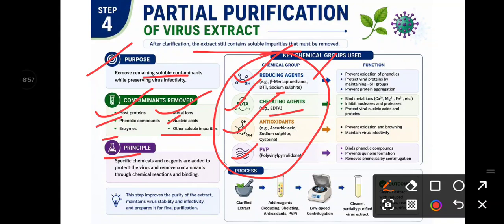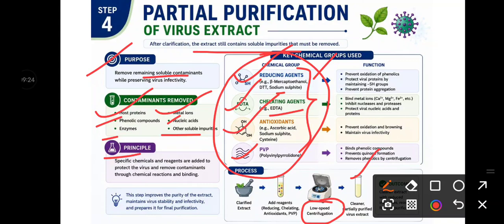Here also, same as the clarification process, after adding these types of reagents, it is subjected to low speed centrifugation. So in both the clarification as well as partial purification process, after adding the reagent, the extract will be subjected to low speed centrifugation and we will take the supernatant.